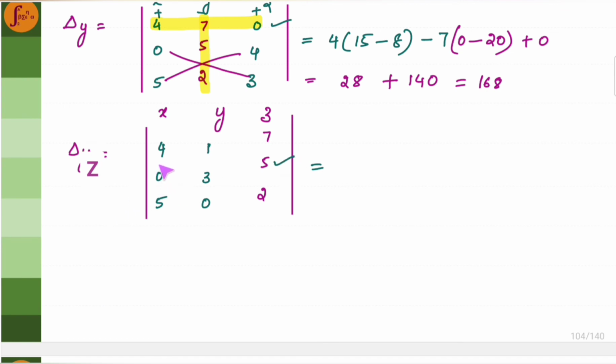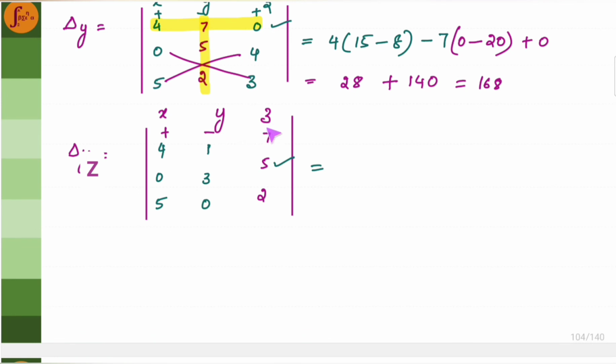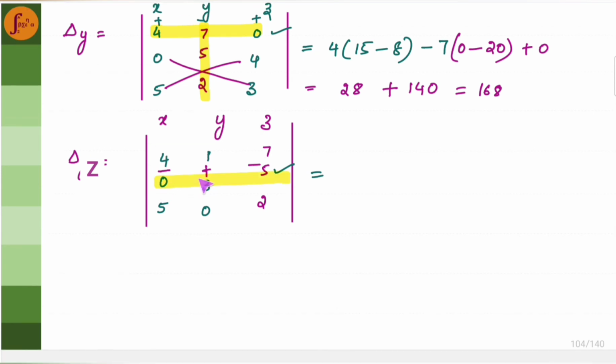Let's come up with the signs first for the second row. Plus, minus, plus, minus, plus, minus. So signs are minus, plus, minus. Right? Now let's take the first element. The first element is 0, so let's ignore. The second element is 3 and the sign is plus. So we'll write plus 3 into, let's ignore the row and column, we have 4, 7, 5, 2. Let's cross multiply like this. 4 into 2, which is 8, minus 5 into 7, 35.